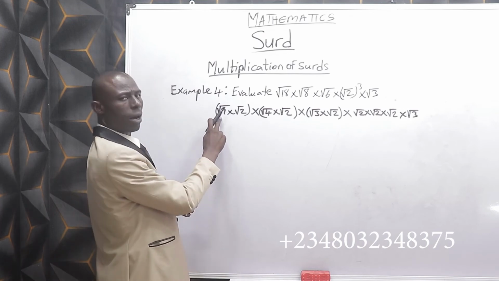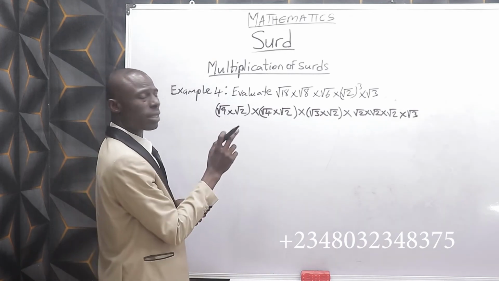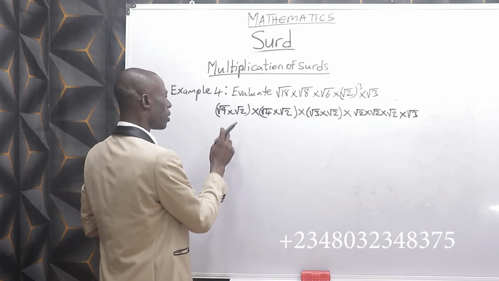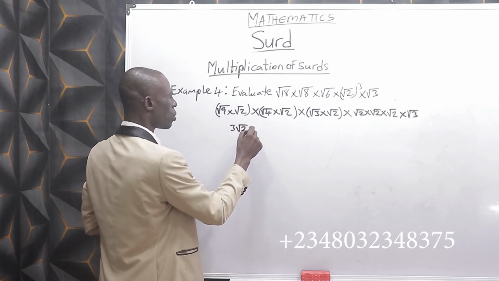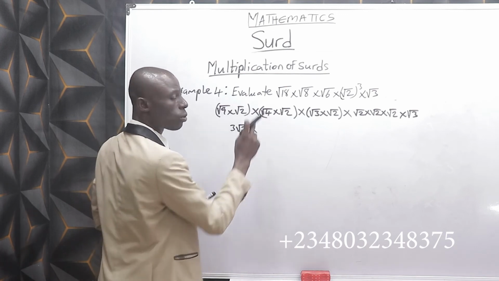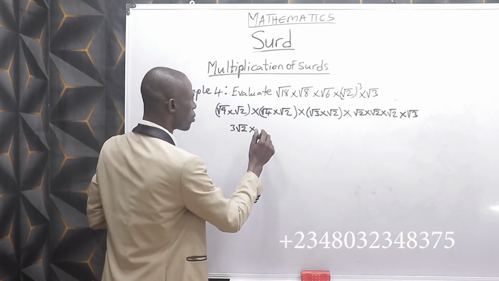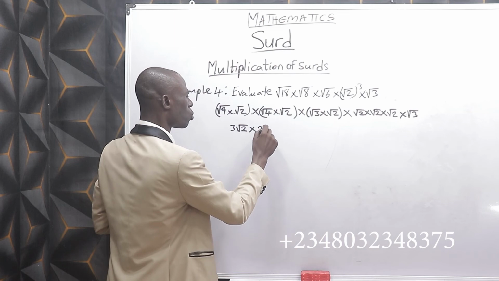Square root of 9. Square root of 9 is 3. 3 times root 2, that is 3 root 2. Times square root of 4 is 2. 2 times root 2, that's 2 root 2.